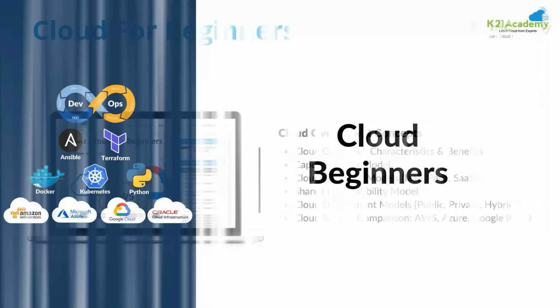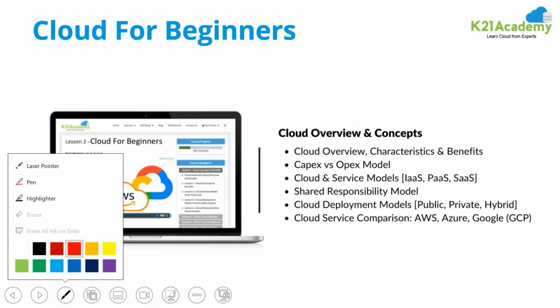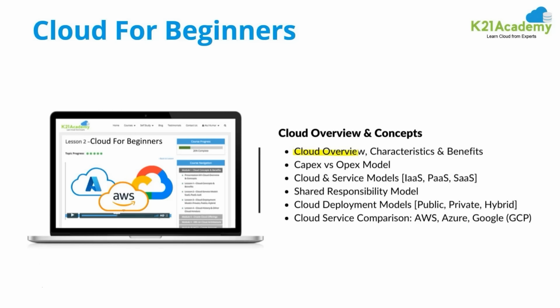So, this session we have prepared keeping in mind that you know nothing about cloud, and we will be explaining what cloud basically is, and what the characteristics and benefits of the cloud are. We will make you understand why you should opt for cloud, because you basically move to the OPEX model when you opt for the cloud.